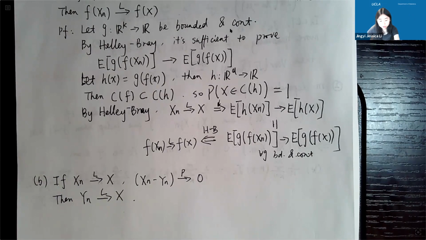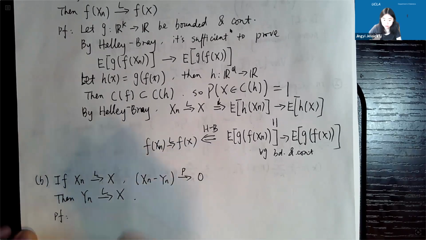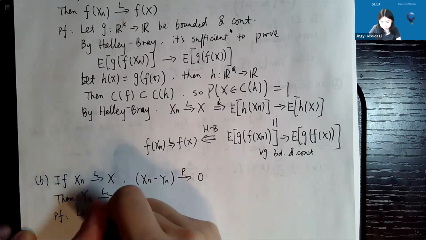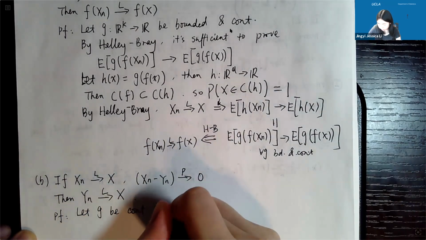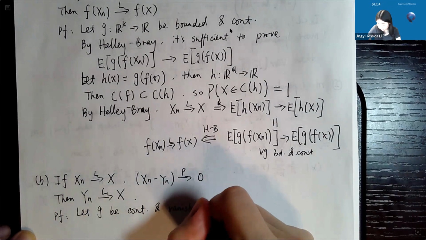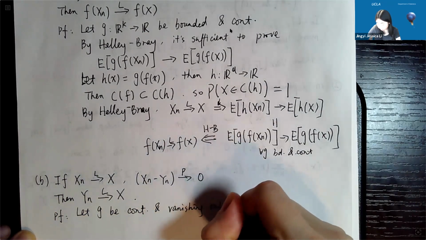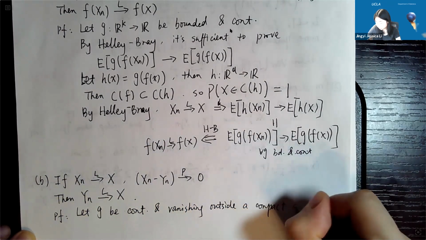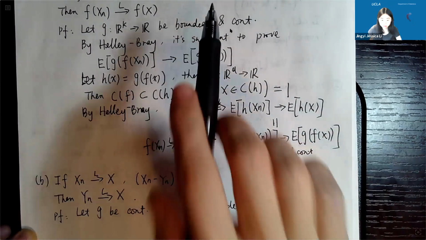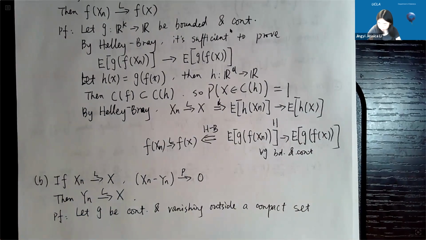Again, we are going to use Portmanteau, so another practice of Portmanteau. Now we're going to use the simplest type of g in Portmanteau. We let g be continuous and vanishing outside a compact set. Actually, we can use the second type, continuous and bounded, as well. Either one would work.